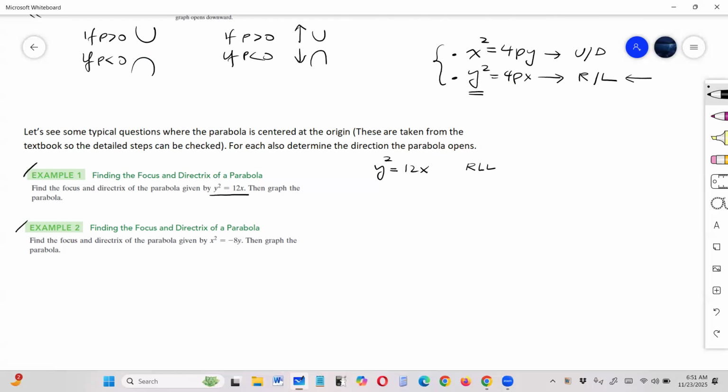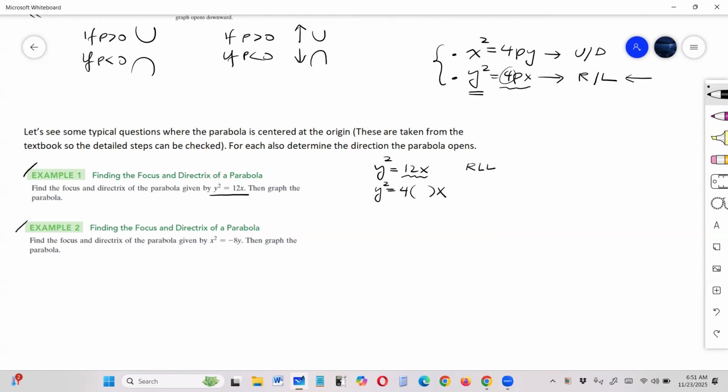Next, I have to write the 12x in the form of 4px. So every time you have a parabola question like this, you will have to factor out the number 4. You always pull out a 4.